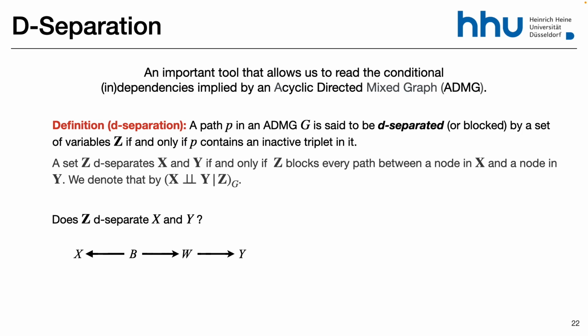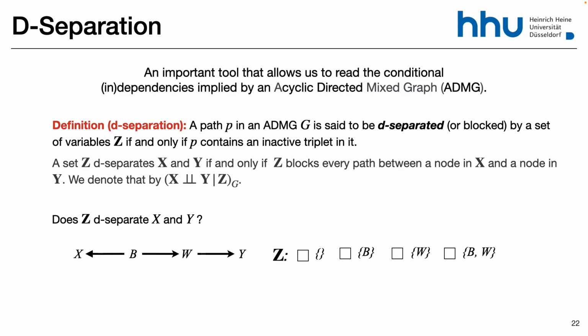I want to know if Z d-separates X and Y, where Z is this set. Let's start with the empty set. Is X d-separated from Y given the empty set? I just need one inactive triplet in this path.